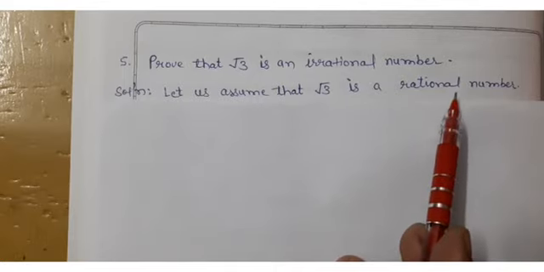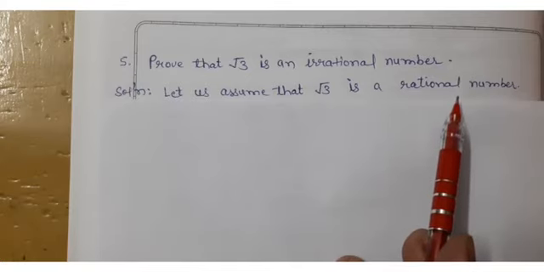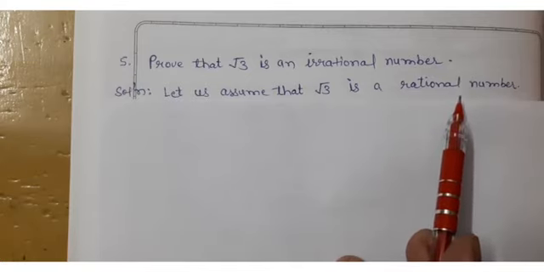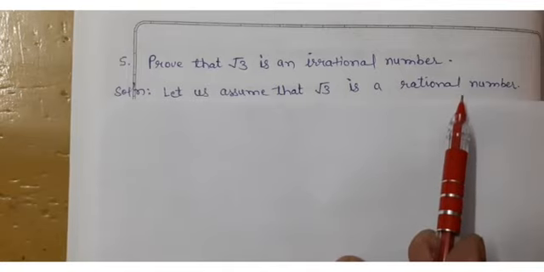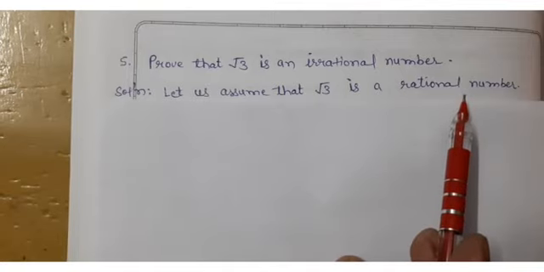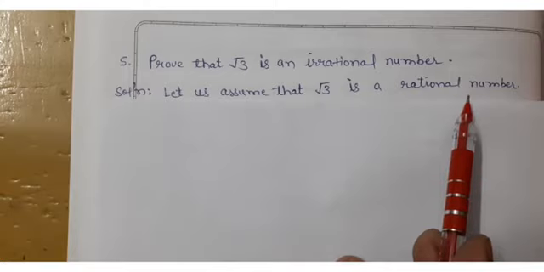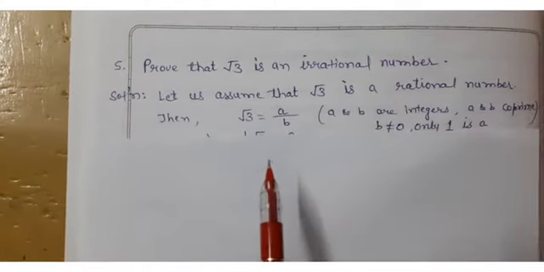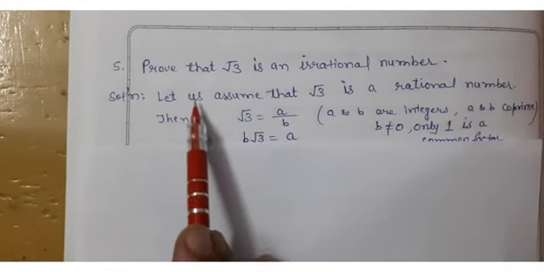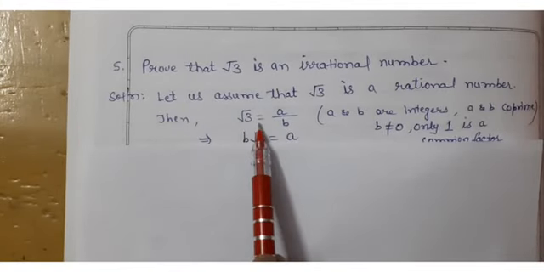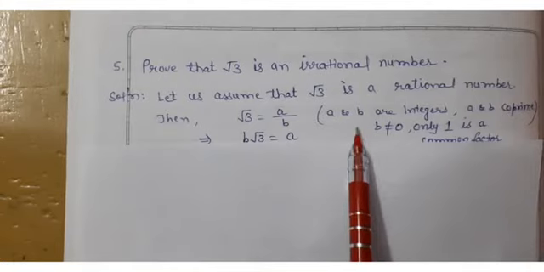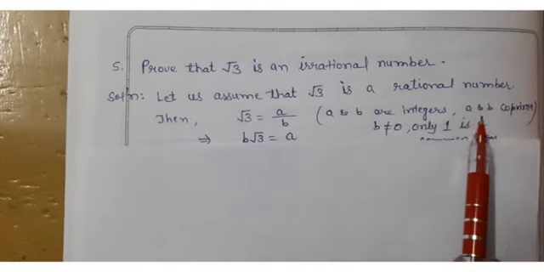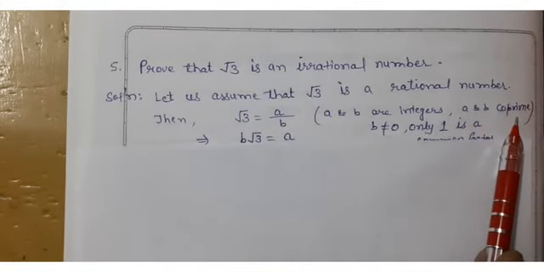We can represent any number in a upon b form, or numerator upon denominator form, where a and b are integers but the denominator is never 0. Then under root 3 is equal to a upon b. a and b are integers and a and b are co-prime also.